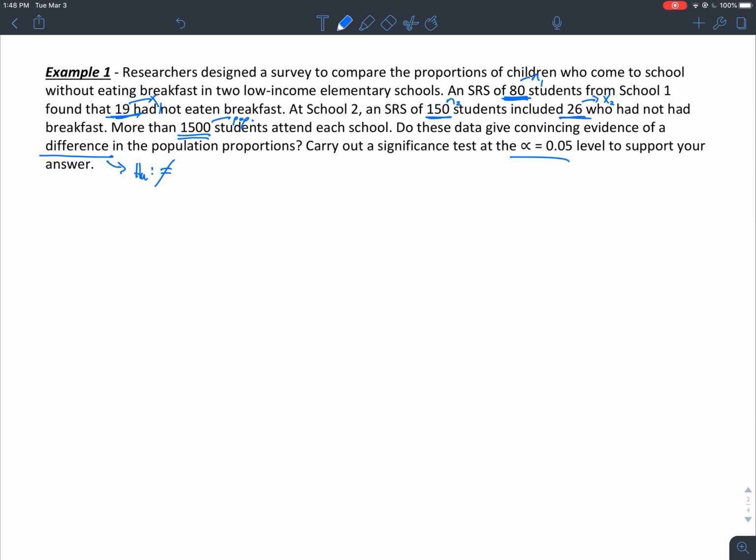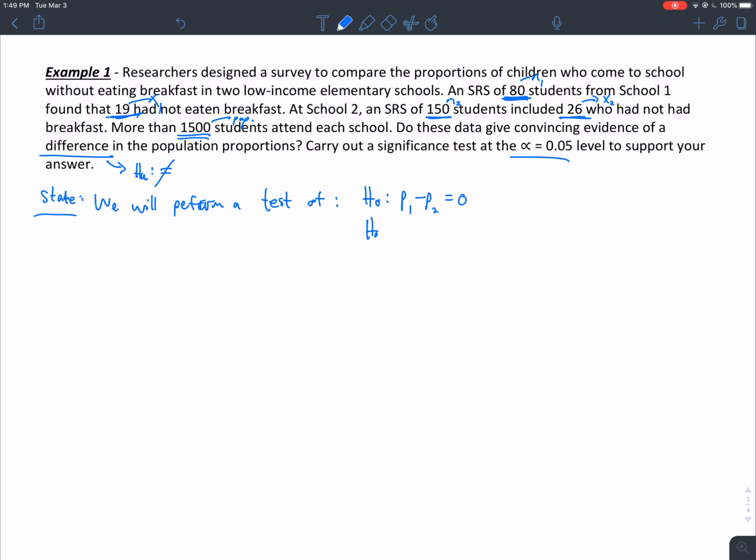All right, so we'll do state, and we'll say we will perform a test of the null hypothesis, which is always P1 minus P2 is 0, or the two proportions of students who eat breakfast at both schools are the same.